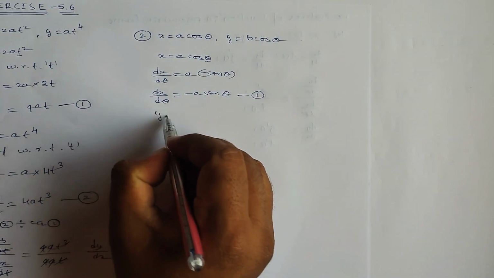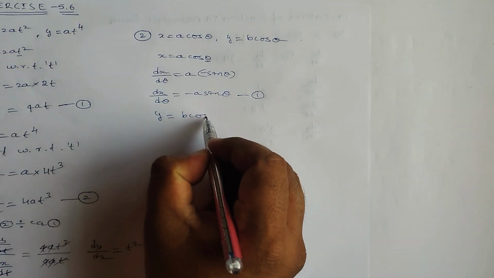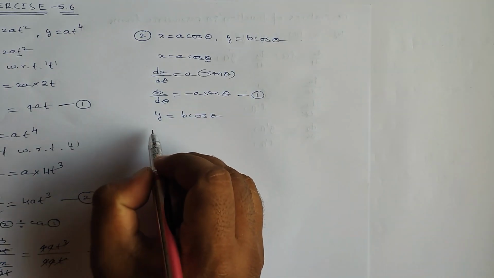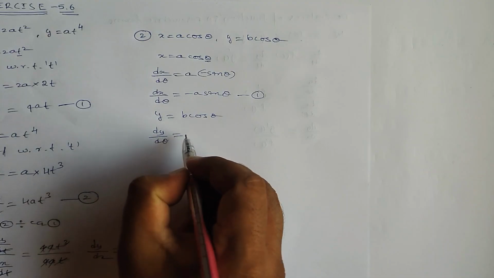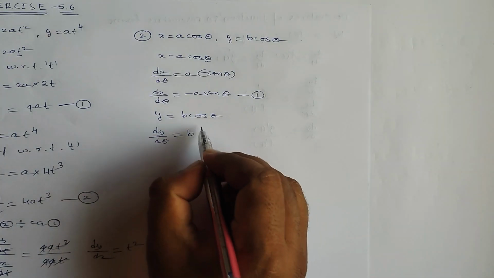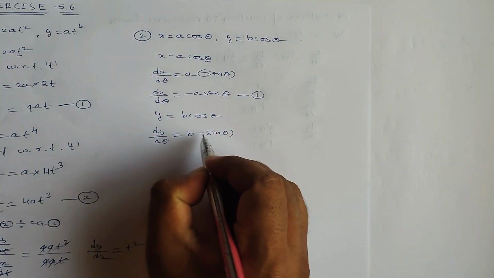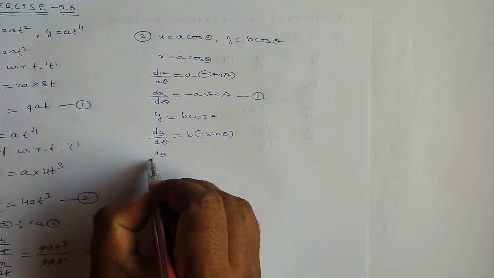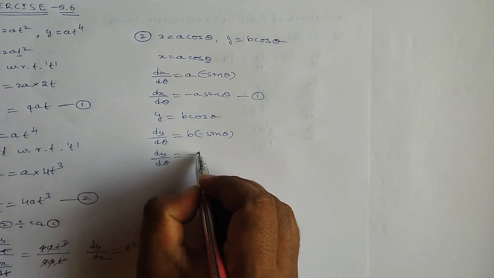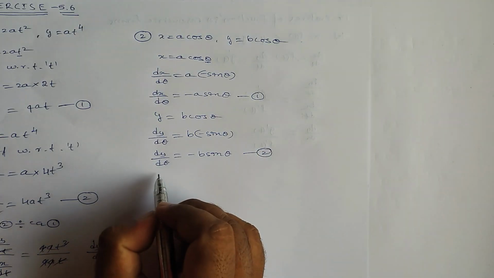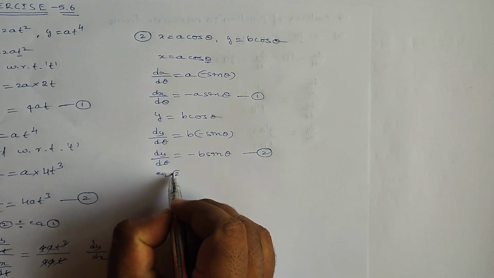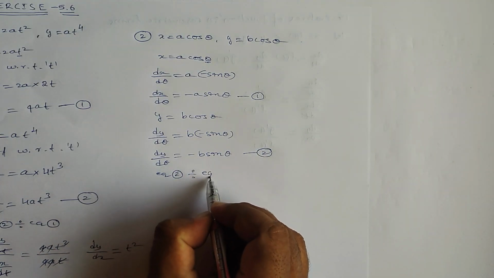What is y? y is equal to b cos theta. Then differentiate with respect to theta. That becomes what? dy by d theta equal to b. What is cos theta derivative? Minus sin theta. So that is equal to dy by d theta equal to minus b sin theta. Say equation number 2. Now equation number 2 divided by equation number 1.